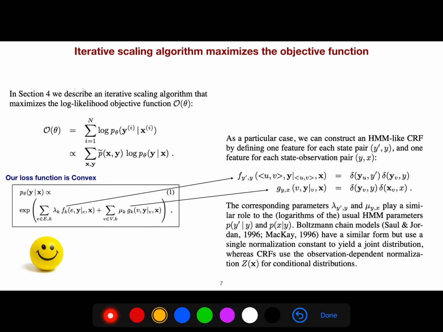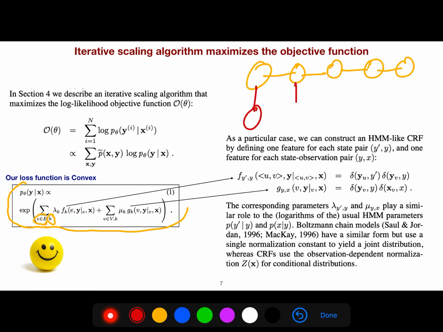So our loss function is convex. That is really good news. This log function, you see, is a linear combination of some functions, depending on the number of features. So we sum not only over the number of features k, but also over all edges, because you have lots of these edges.